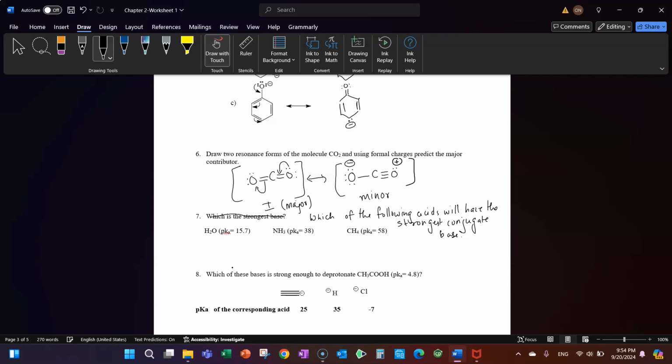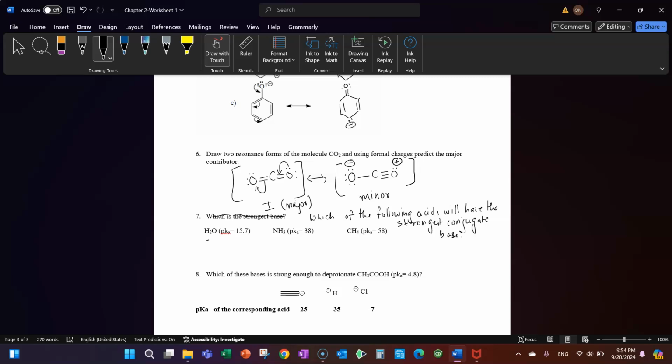Okay, so now the rule is that lower the pKa, stronger is the acid. Okay, so that's one rule. And the second is that a strong acid will always have a weak conjugate base. Okay, so first let's predict which is the strongest acid, the one which has the lowest pKa. So water has the lowest pKa among the three here.